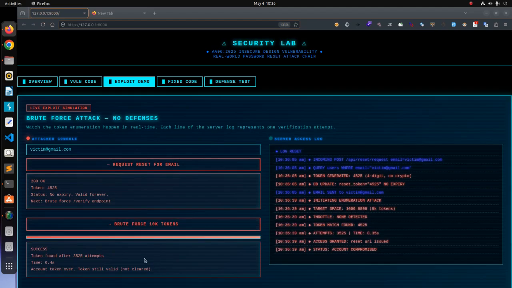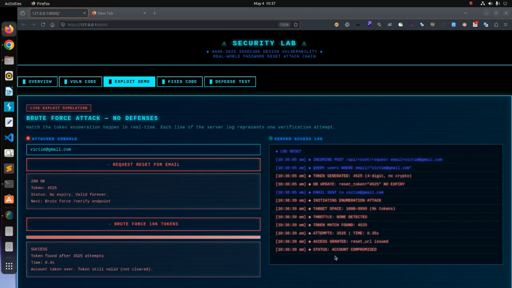And you look, in like 5 seconds the attacker finds the token, and the attacker now has access to this reset account. And see the log, the attempts: no throttle, no lockout, just request after request and accept it.